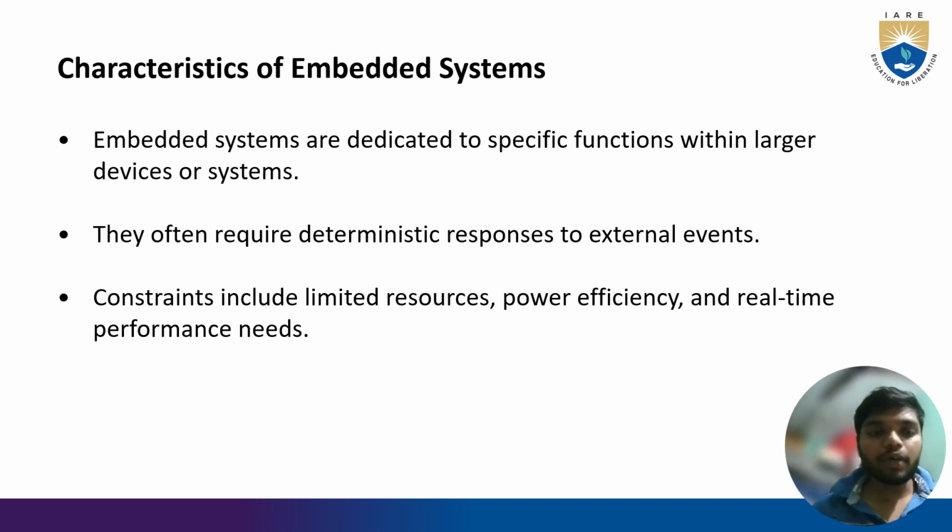Hard versus soft real-time. Real-time systems are classified into hard real-time and soft real-time. Hard real-time: missing a deadline is catastrophic. Examples: airbag deployment, pacemaker control, anti-lock braking system like ABS.